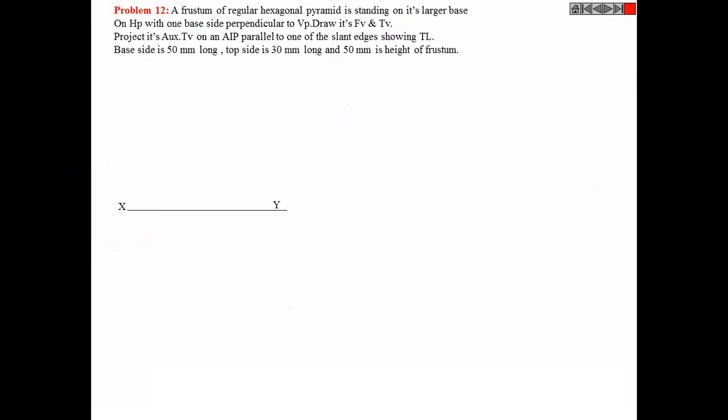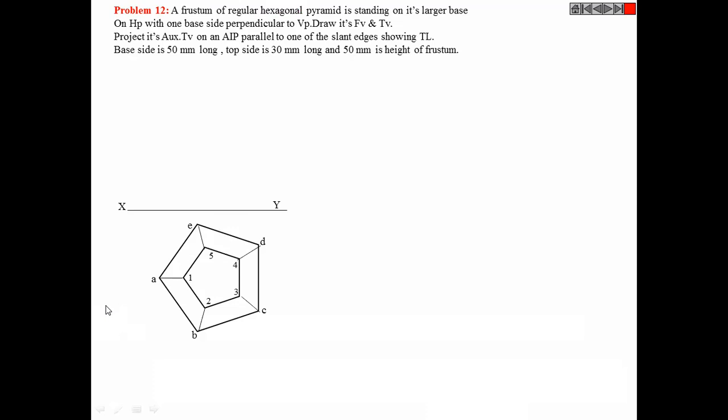So first of all, the XY line. Now you generate the, actually there is some mistake. I will correct it later on. Right now just understand this is not hexagonal, it is pentagonal. So it is a frustum of a pyramid, so it will have two bases and both are visible.